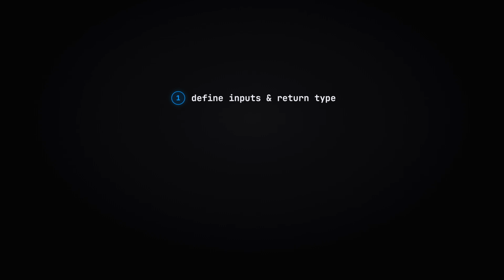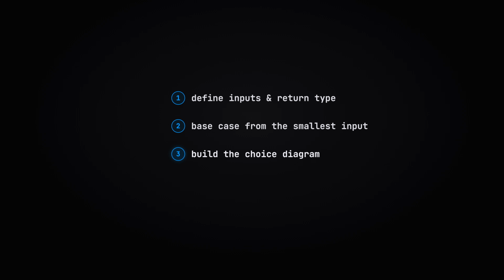Define the inputs and return type. Write the base condition using the smallest valid input. Build the choice diagram. And translate each choice into recursive calls. There are no tricks, no memorization, and no mysterious formulas. You are simply converting logical decisions into recursive code.